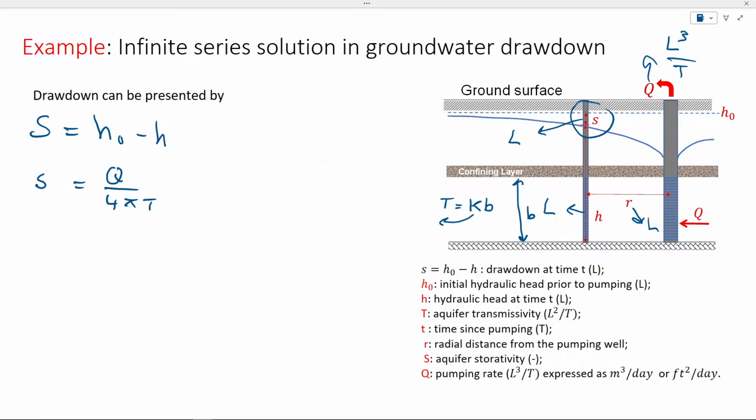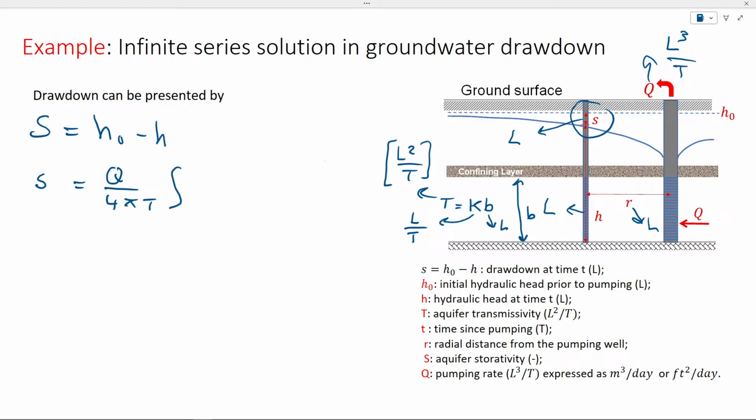We've seen hydraulic conductivity before, with units of length over time, and aquifer thickness has length. So transmissivity has units of length squared over time. But again, this is not important.